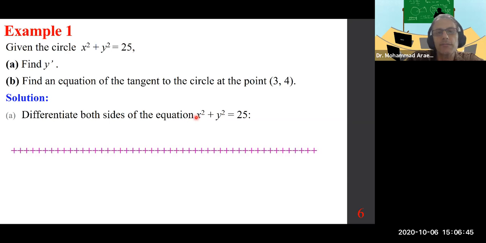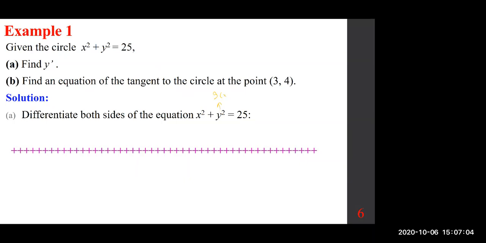x squared gives us 2x. But what about y squared? And think about this. In fact, I'm going to write it at top in case for now until everybody gets comfortable with that. Instead of y squared, you can actually write, let's say, g of x squared.